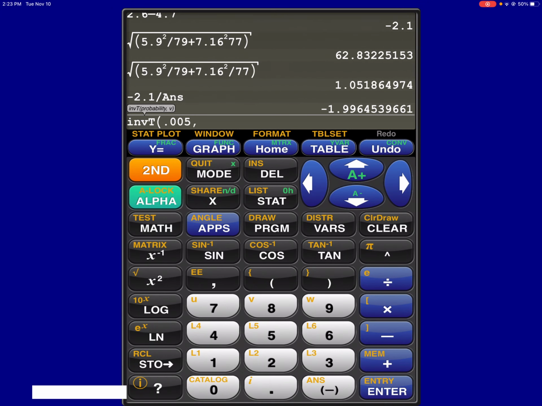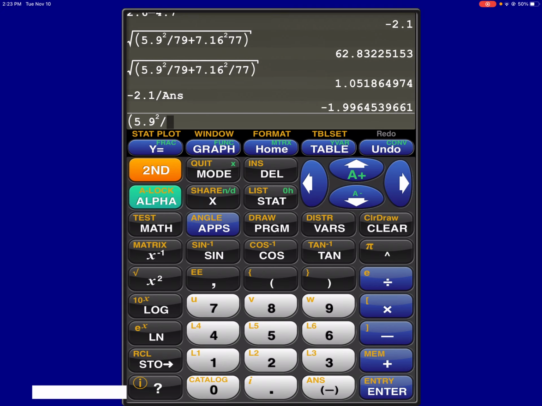We want to first start off with a big parenthesis: 5.9 squared divided by 79 plus 7.16 squared divided by 77.